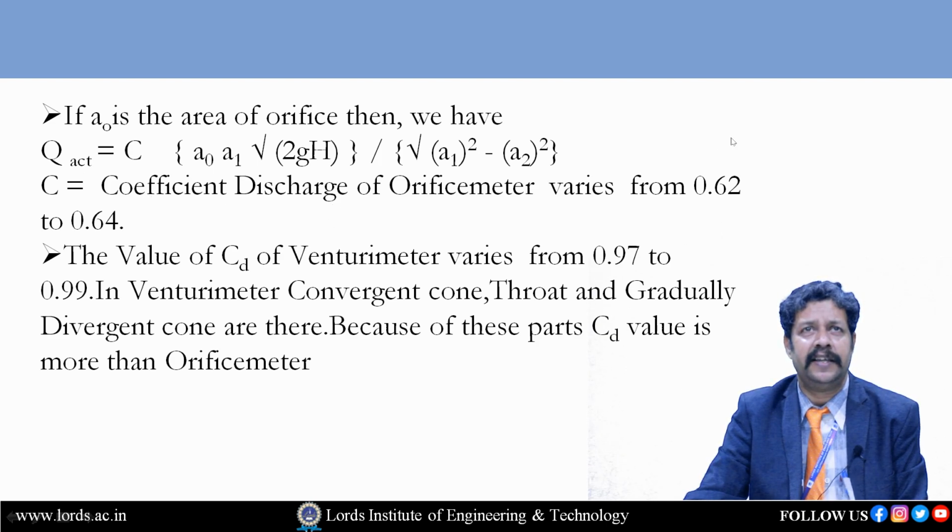Because of this, losses will be more. C is a constant, nothing but the coefficient of discharge of orifice meter. Its value normally lies between 0.62 and 0.64. It is less than Venturi meter, that is 0.98.